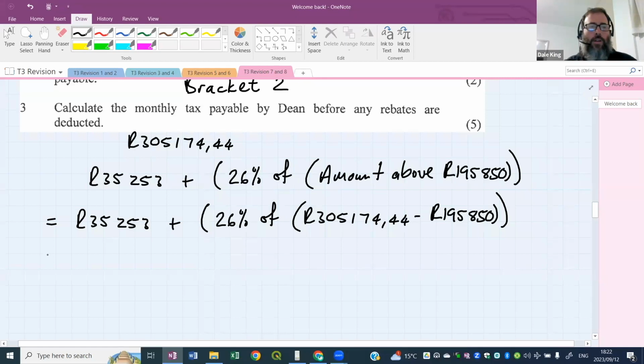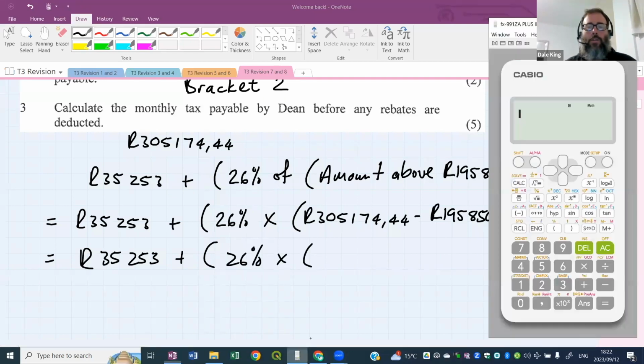Okay, so let's do that right now. But before we do that, I also want to change something because 26% of, we know in math, means times. So I'm going to put a times over there. Now I'm going to get my calculator and do this step by step. Some of you will chuck it all in and get a value. I'm going to do it step by step to show you all the little bits and pieces. So 26% times, and then I want to know what this value is.